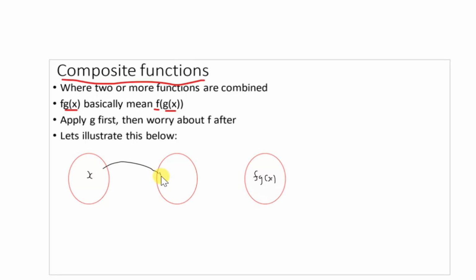So we'll apply the g, and so that gives us g of x. And then we want to apply the f, and that will get us to fg of x. And we can do that in one big step of fg. Okay?